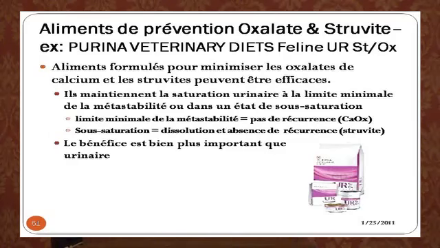In the oxalate and stone preventative diets such as Purina UR, you can formulate diets that minimize two different stone types. They have been shown, at least in healthy animals, to decrease the degree of supersaturation for calcium oxalate without increasing the supersaturation for struvite, meaning they decrease the risk for calcium oxalate stone formation without increasing the risk for struvite stone formation.